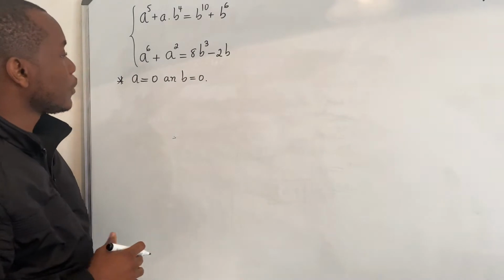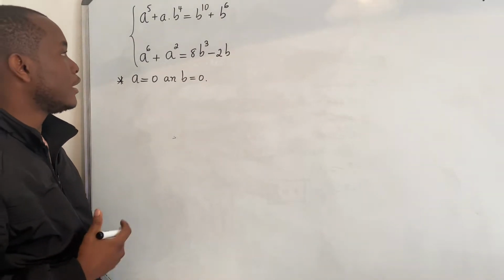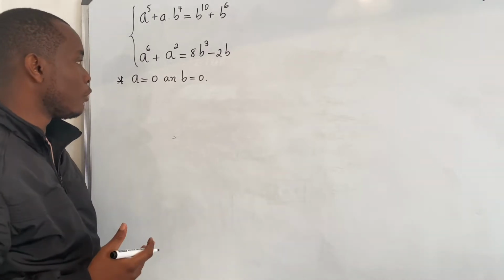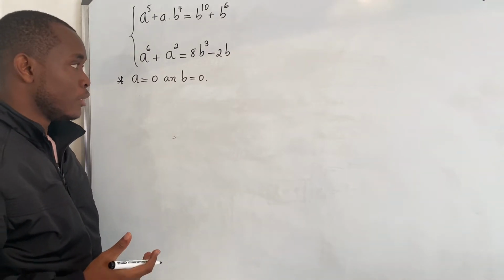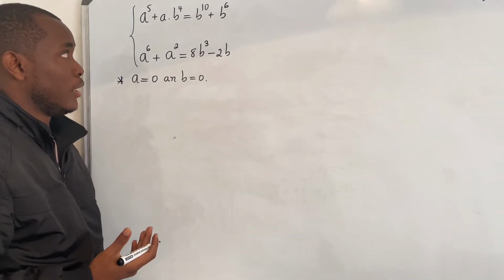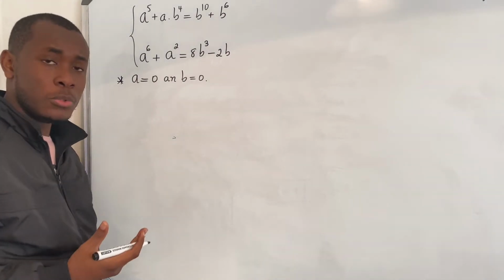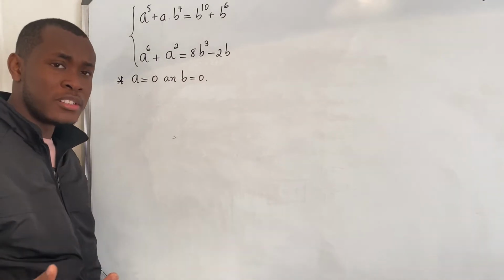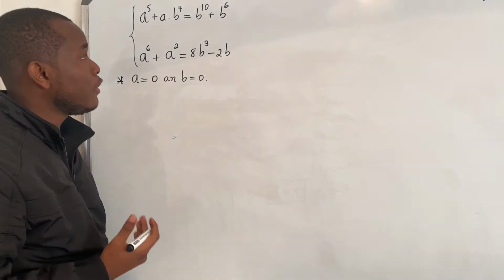But let's say we want to analyze if there is another solution different from 0 for a and b. So let's consider there is a value b different from 0 that also satisfies our simultaneous equations.